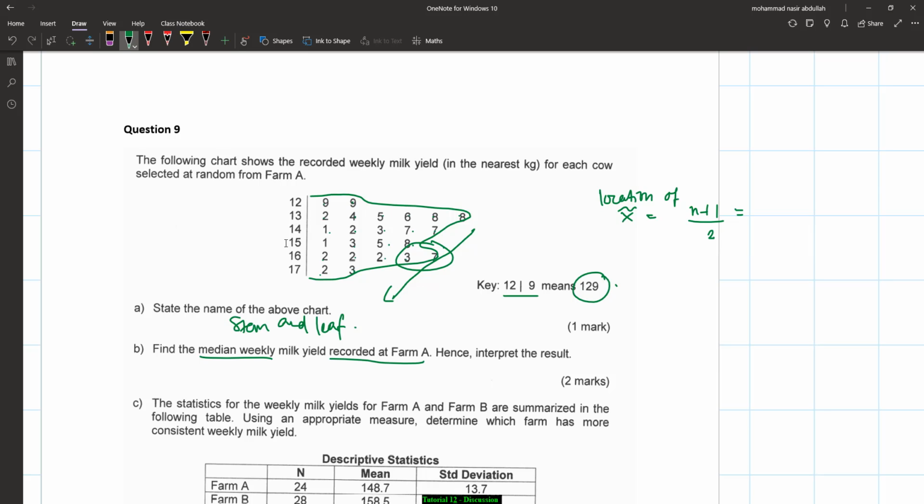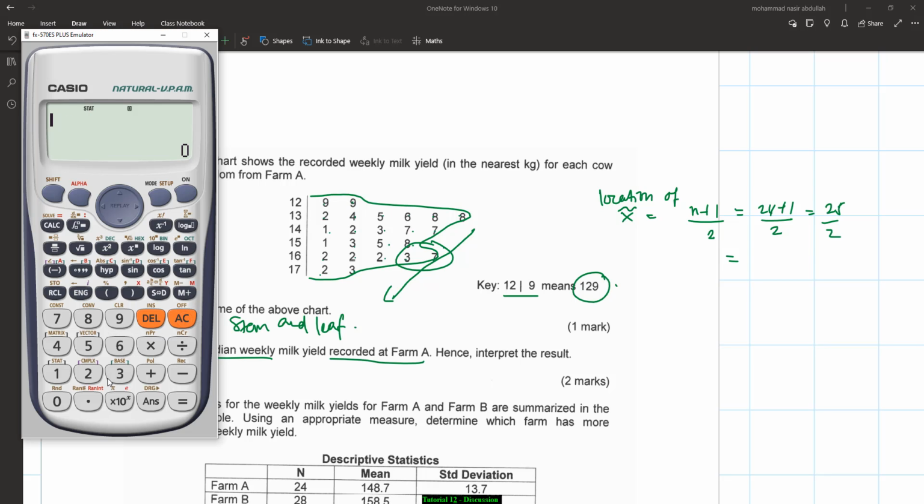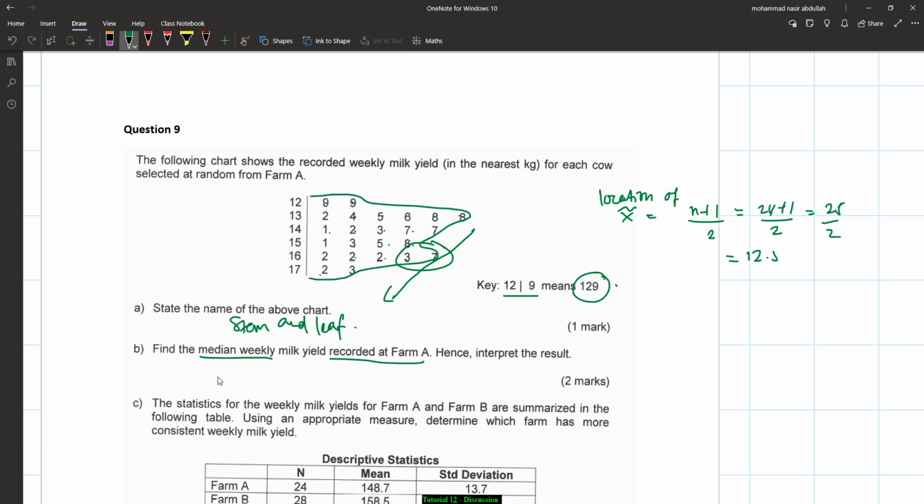I got 24. Do you get the same answer? 24 plus 1 divided by 2. So 25 divided by 2 should be 12.5, right? 25 divided by 2, 12.5.